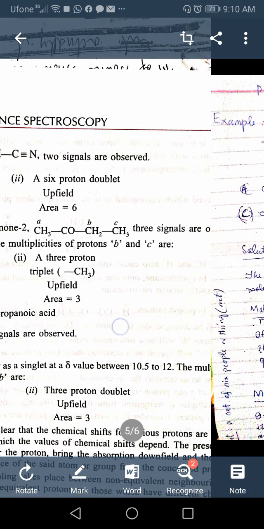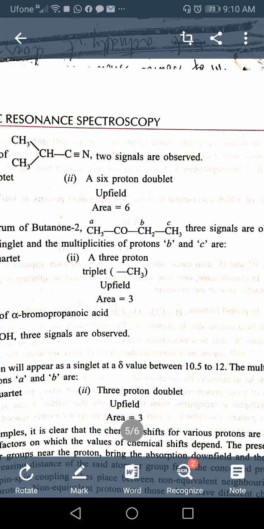You can see another example. This is 2-butanone. How many sets of non-equivalent protons are present?